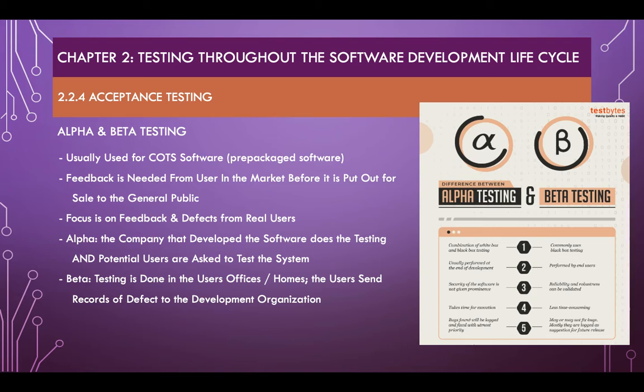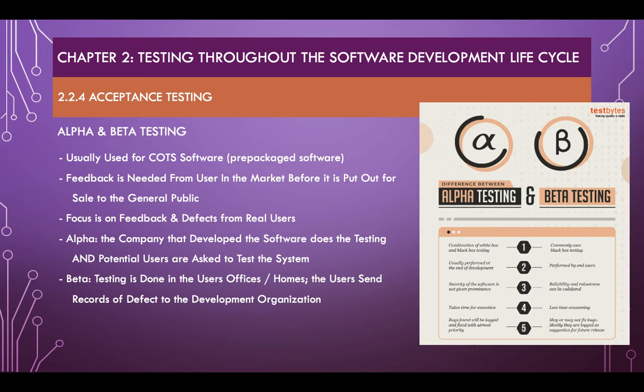Alpha and beta testing. Usually used for COTS software, which is the prepackaged software. Feedback is needed from users in the market before it is put out to sale for the general public. Focus is on the feedback and defects from real users. In alpha, the company that developed the software does the testing and potential users are asked to test the system.